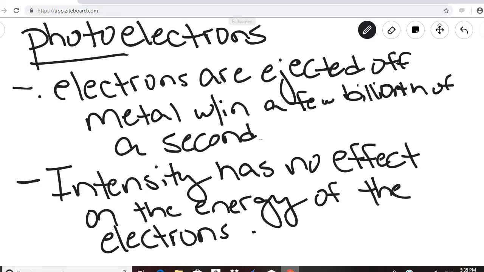If light is a wave, the energy that light gives the electrons should be proportional to the intensity of the light, because remember, the amplitude in a light wave is an expression of the amount of energy that is given, and yet that isn't what is seen. It doesn't matter what the intensity of the light is. The intensity of light doesn't affect the way that those electrons come off of the metal.